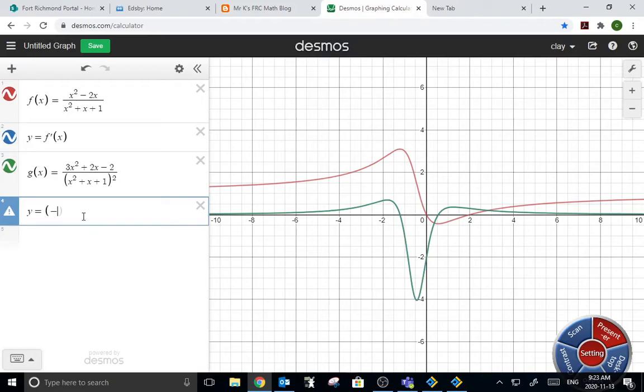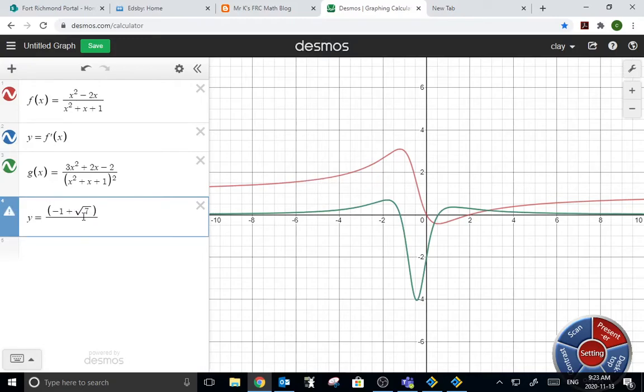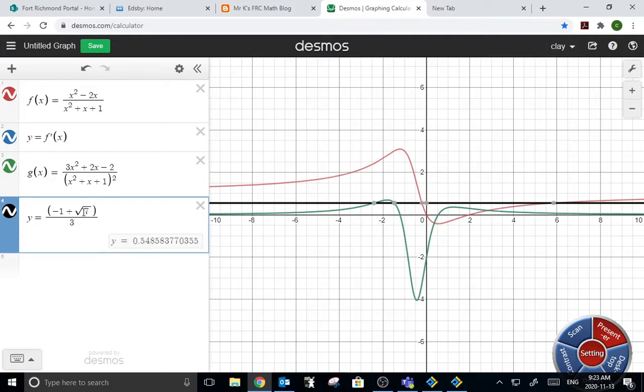So y equals negative 1 plus the square root of 7, close brackets, divide by 3, and there we go. So that is the x coordinate, and that's its height.